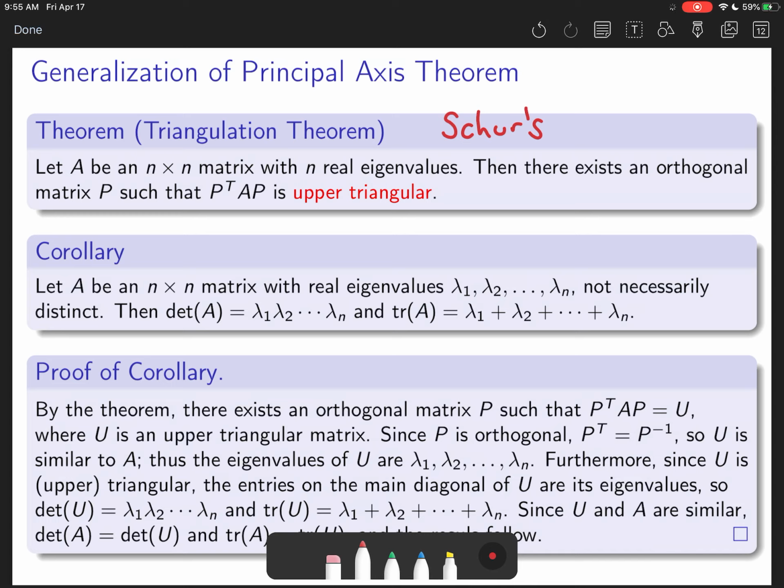One of them is that the determinant of A is equal to the product of the eigenvalues. And that knowledge can be really handy a lot of times.